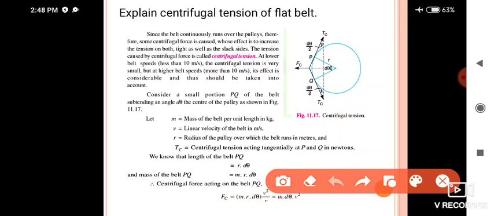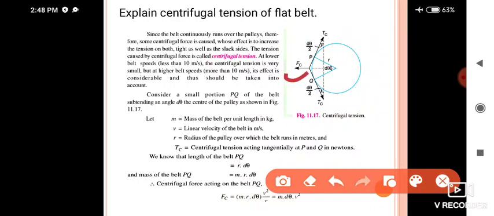The tension caused by the centrifugal force is called centrifugal tension. You must write that definition, then draw this diagram.